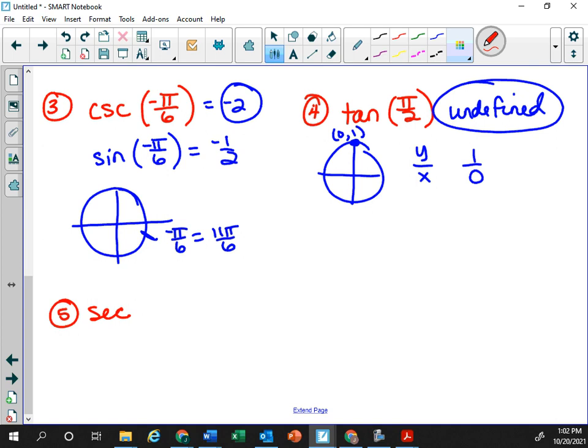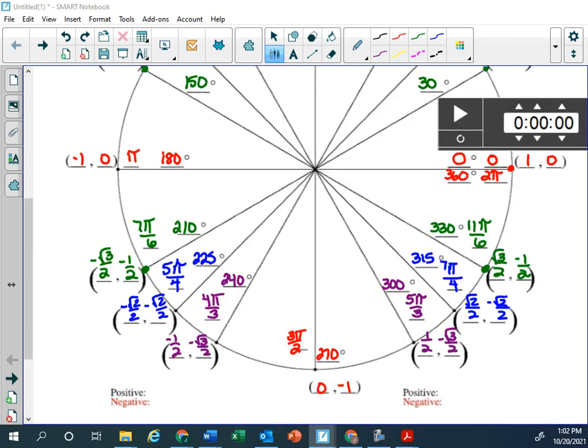But on the unit circle, this is x, this is y, this is x, this is y, this is x. Like, those are ordered pairs. X, y, right?